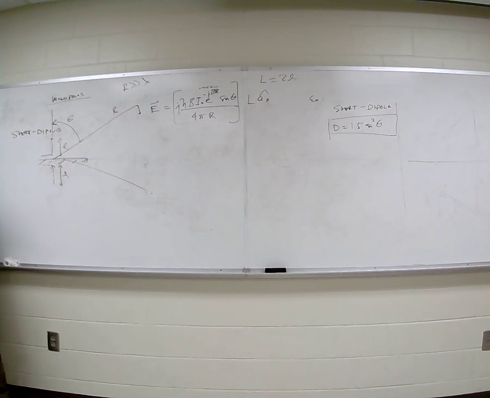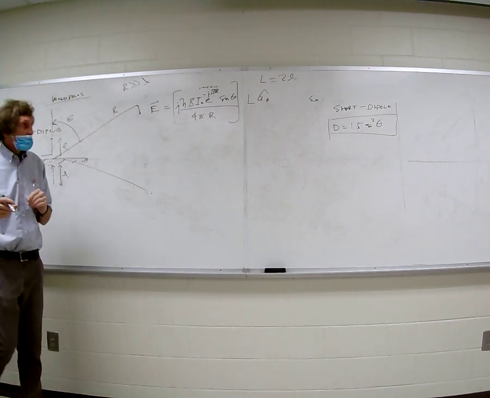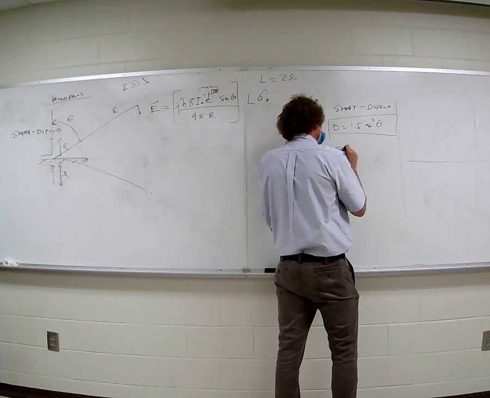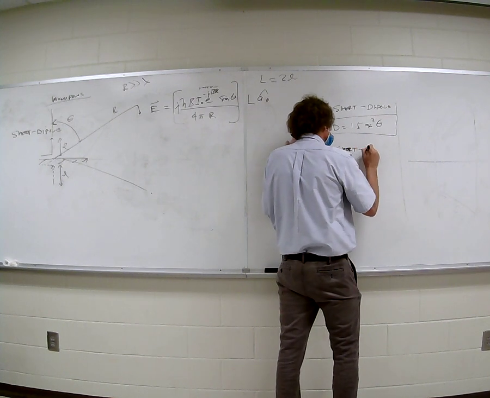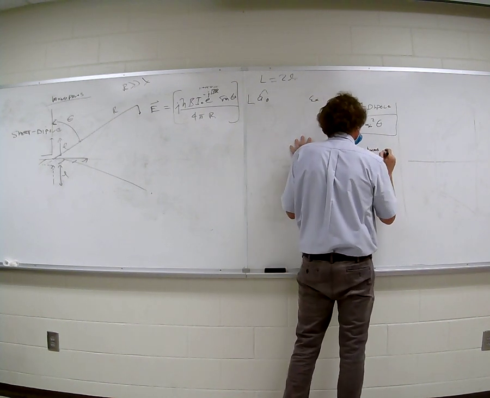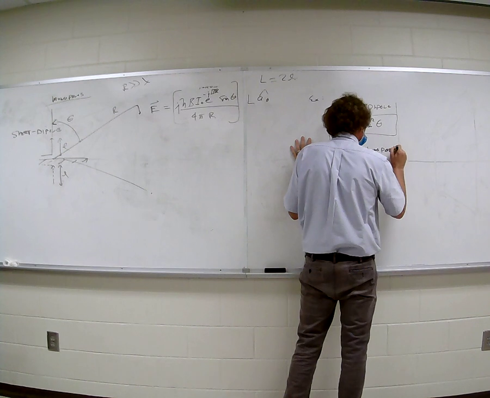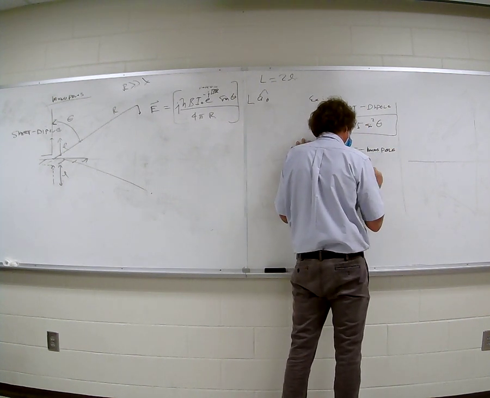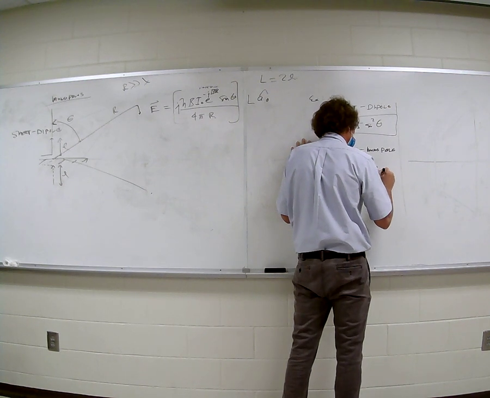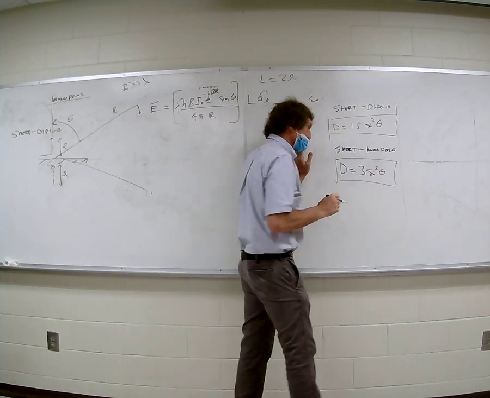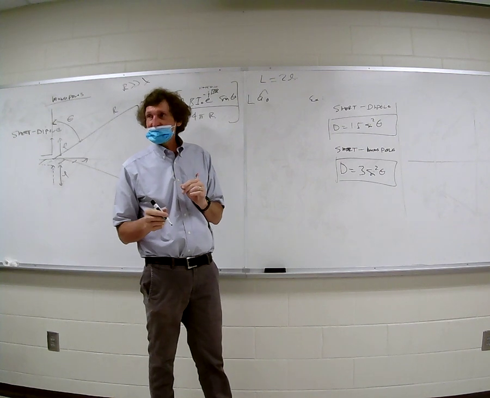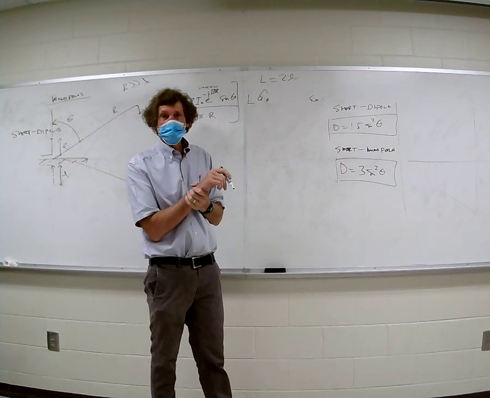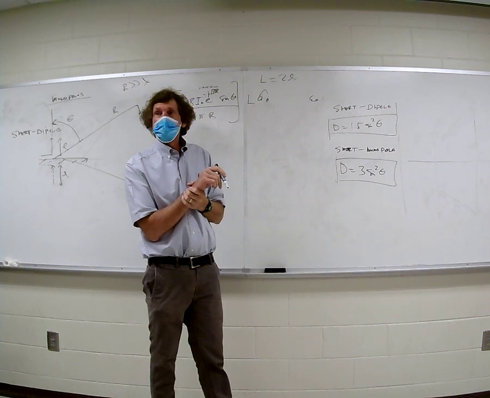You with me, class? Now, if you have a short monopole, then the directivity is going to be 3 times the sine squared of theta. With me? Did I cover that in that lecture? Okay, good. I think I did. I'm just making sure. His head's bobbing. Thank you.